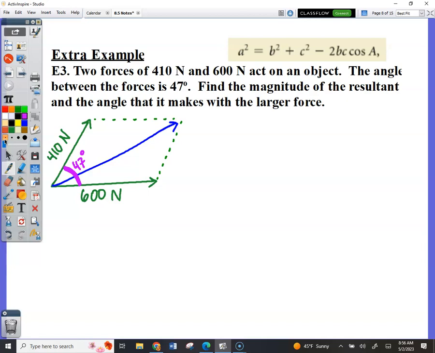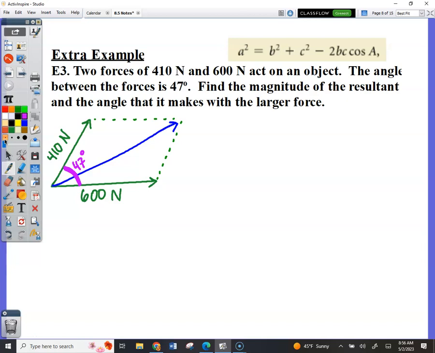Find the length of the resultant and the angle that it makes with the larger force. So the length of the resultant, since we no longer have a right triangle, goes back to the beginning of this chapter where we learned law of sines and cosines.